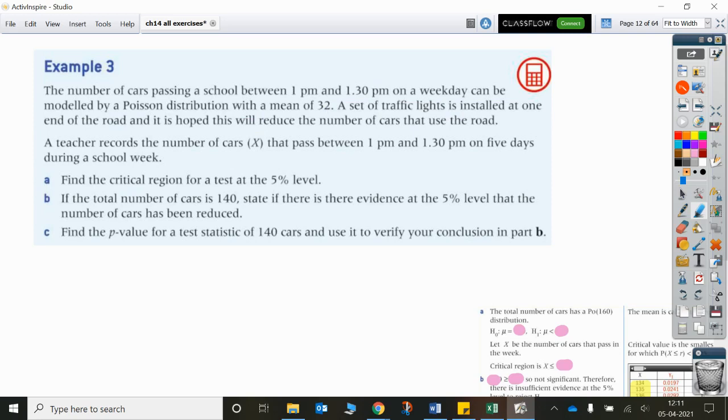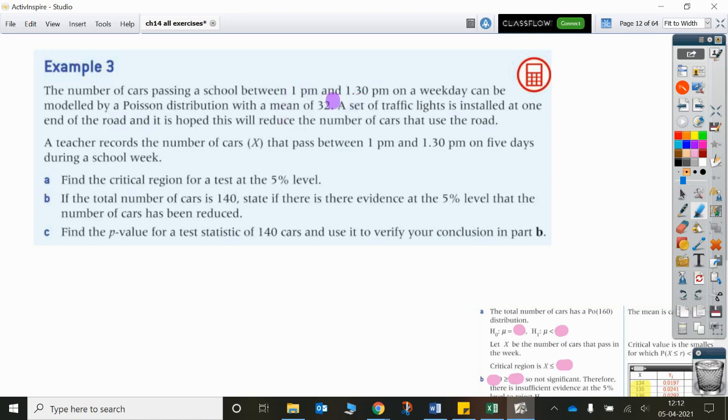A teacher records the number of cars that pass between 1 p.m. and 1:30 p.m. on 5 days, so not just on one day, during a school week. Now, remember, of course, that the Poisson distribution is scalable. So if you would normally get 32 cars between 1 and 1:30 p.m., obviously the teacher is trying to get slightly more data. We know that this is the original hypothesis based on potentially thousands of bits of information.